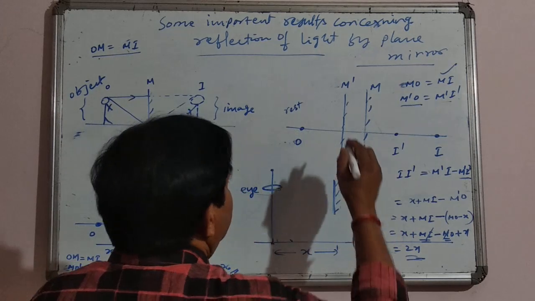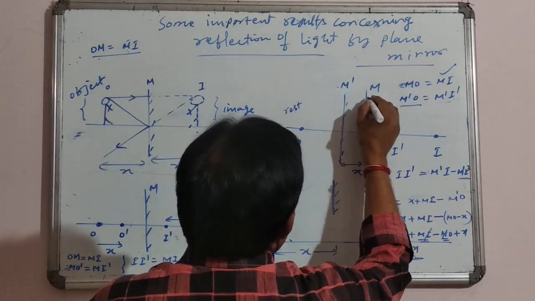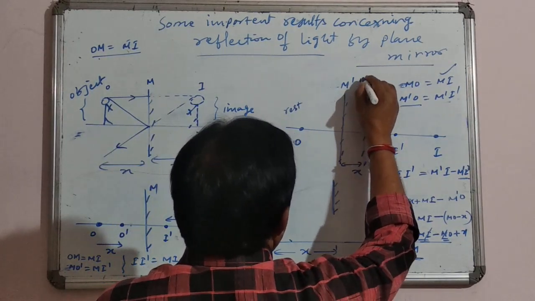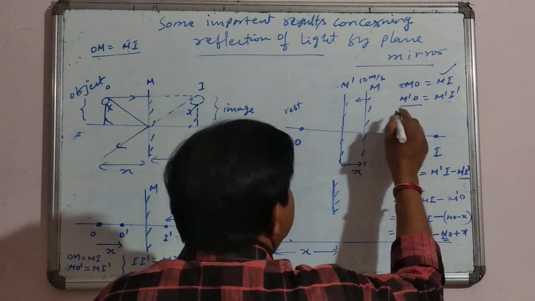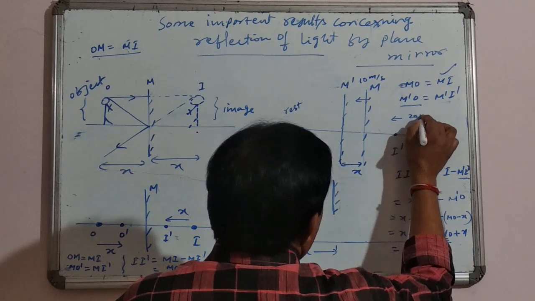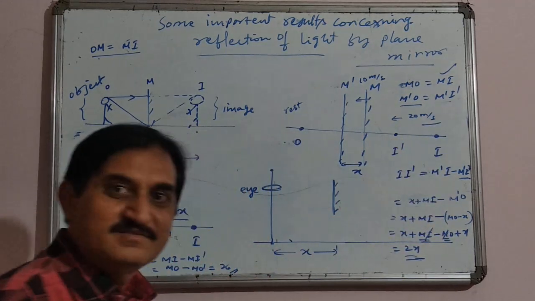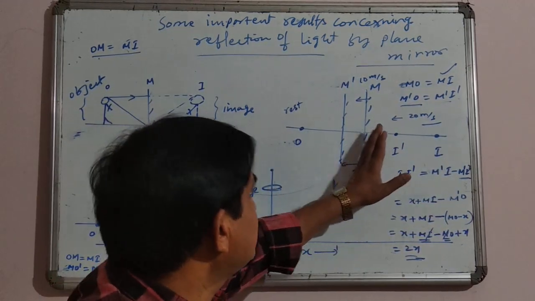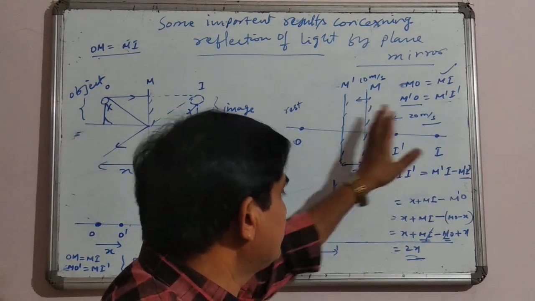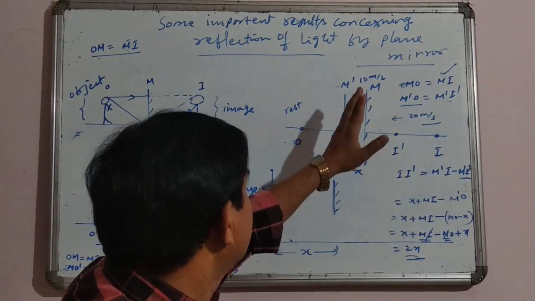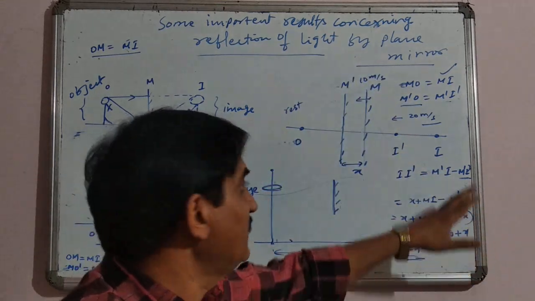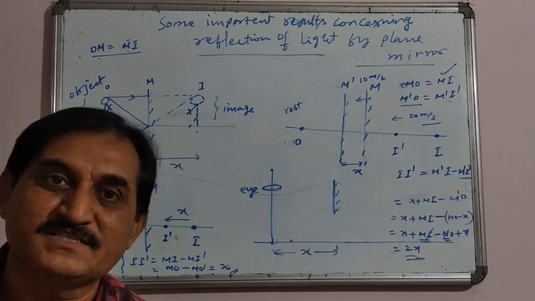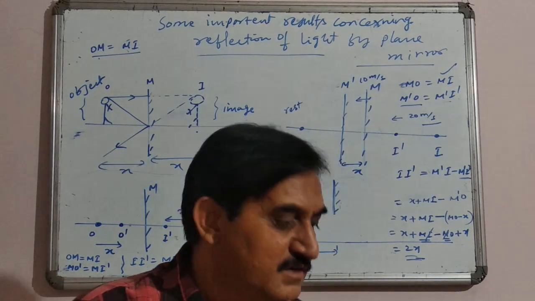For example, if the mirror is moving with a velocity of 10 meters per second, then the image speed becomes 20 meters per second, because the mirror shifted by x and the image shifted by 2x.